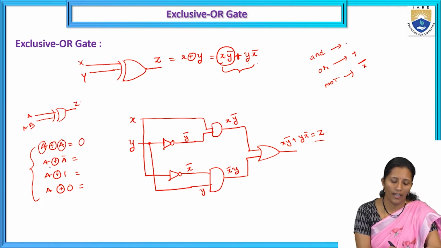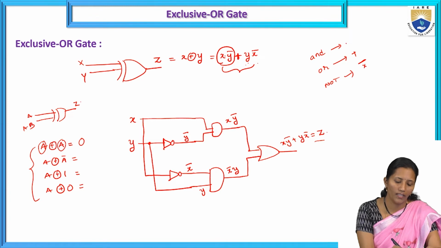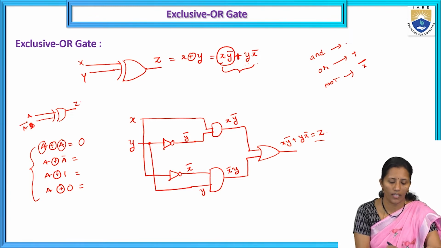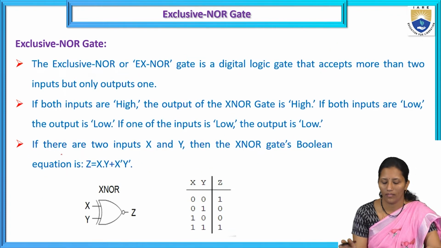And A XOR A bar: A is one input and A bar is the other input. If the XOR gate has complemented inputs, 0 and 1, or 1 and 0, what is the output here? It is 0.